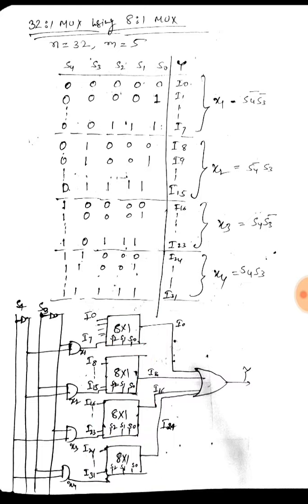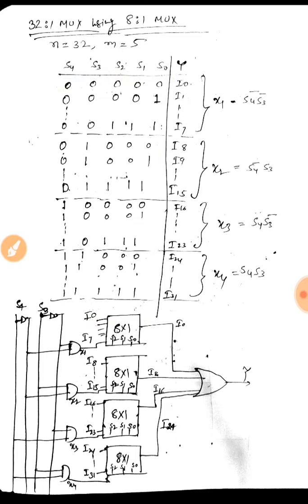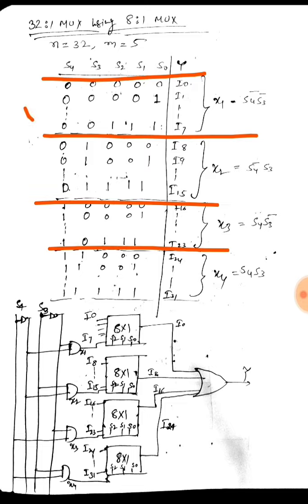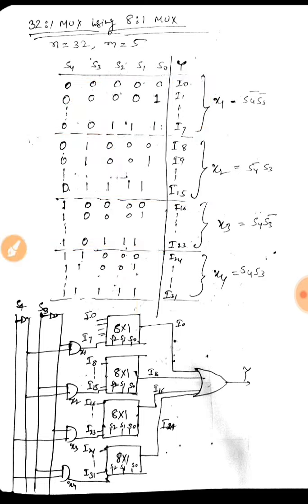For a 32:1 mux, I would require m equal to 5, that is 5 select lines, S0 to S4, which can have 2 raised to power 5, that is 32 possible combinations. I have divided it into 4 groups, 1 2 3 4, each having 8 inputs.